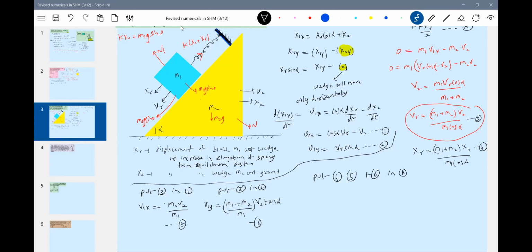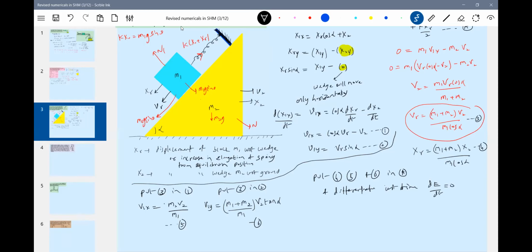I'll write: put 4, 5, 6 in A and differentiate with respect to time, with dE by dt equal to 0. Equating and solving, look at the equation. What is the equation you'll get? Sir, time period equals 2 pi into under root k into m1 plus m2 by m1 m2 plus m1 square sin square alpha.